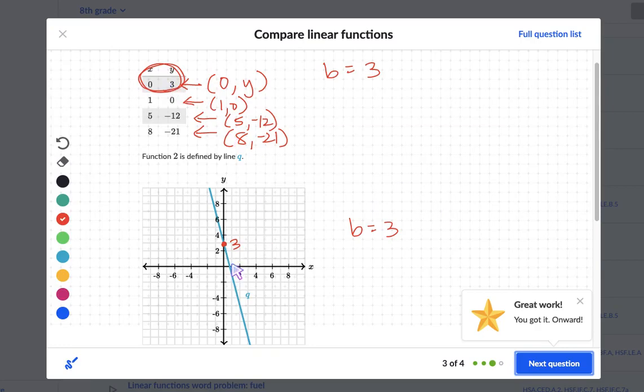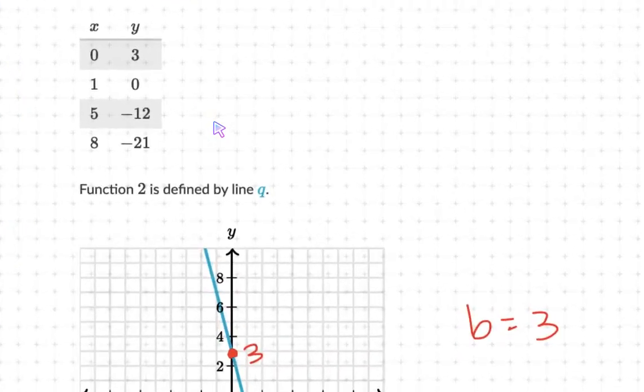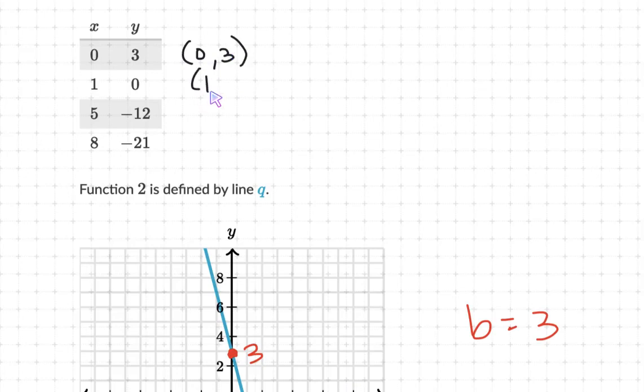Now they're probably going to have different slopes. Let's go over real quick how you would find the slopes from a table. So keep in mind, like I said before, these are points. So this can become (0, 3), (1, 0), (5, -12), (8, -21).